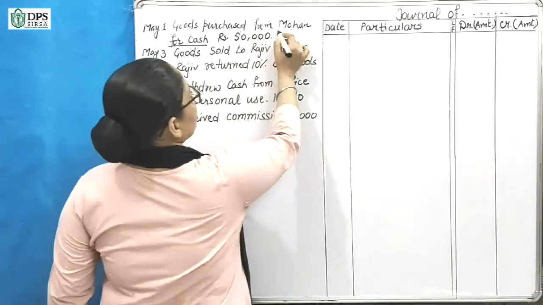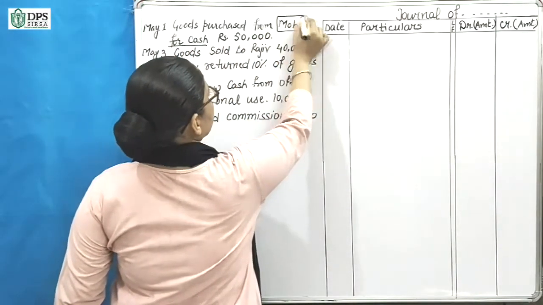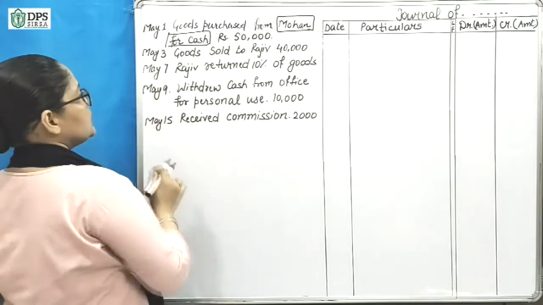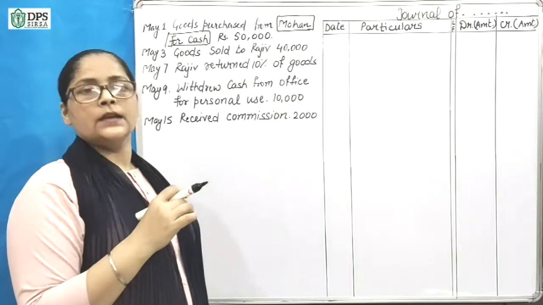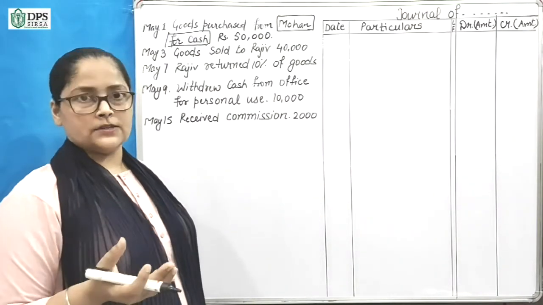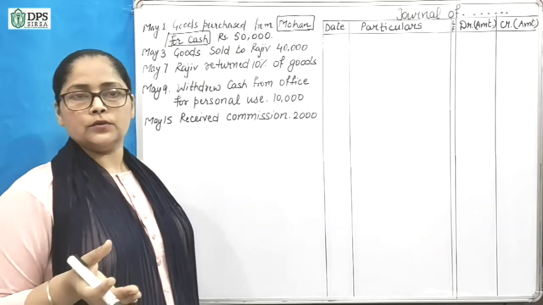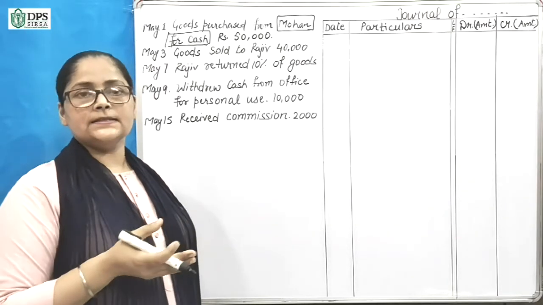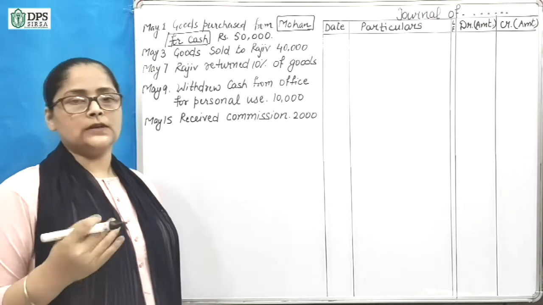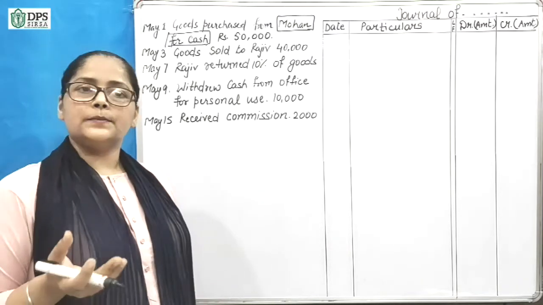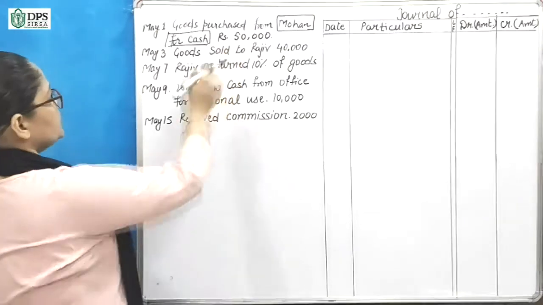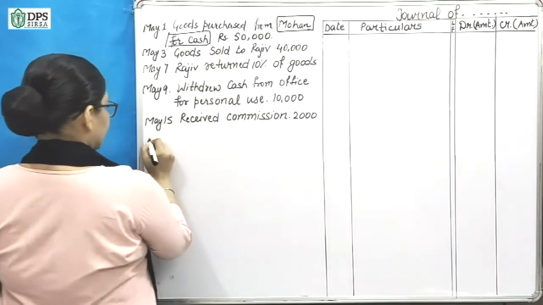So we assume here that the purchases are for cash, because I have told you in the previous lessons, when the name is given as well as "for cash" is given, then you assume that the purchases or sales are in cash.